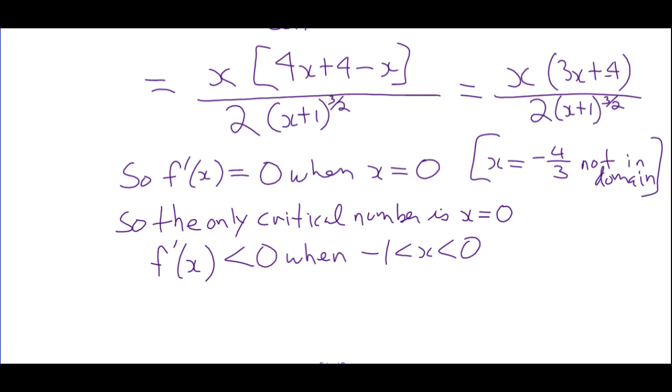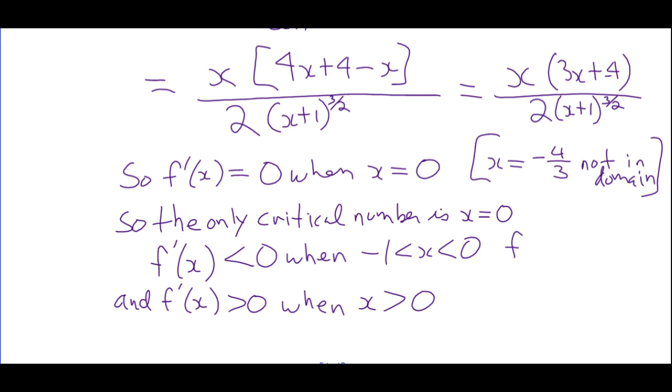And f prime of x will be greater than 0 when x is greater than 0. Okay, so when x is positive, that's positive, that's positive, that's always positive. So what do we got?